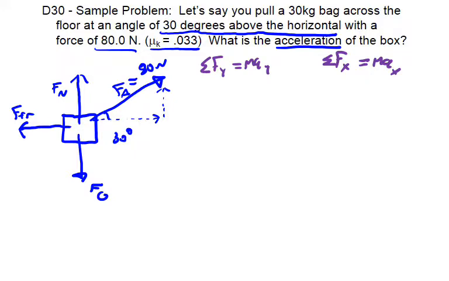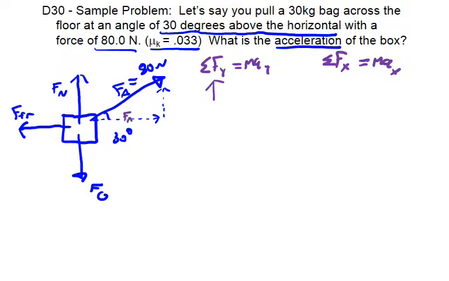And what you're going to do is, remember with the friction force, we have to consider the normal force, and so we'll do that. But we have to determine the normal force. We're going to have to consider this force applied.